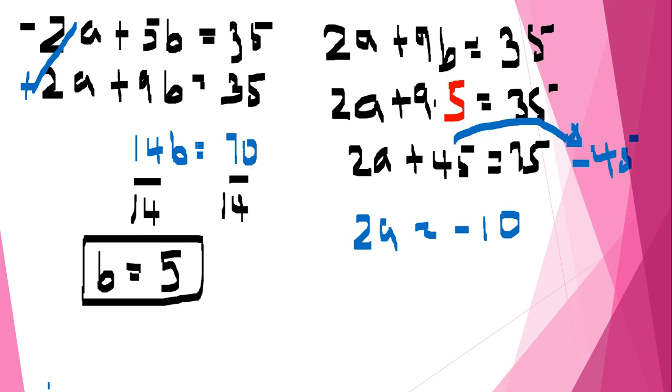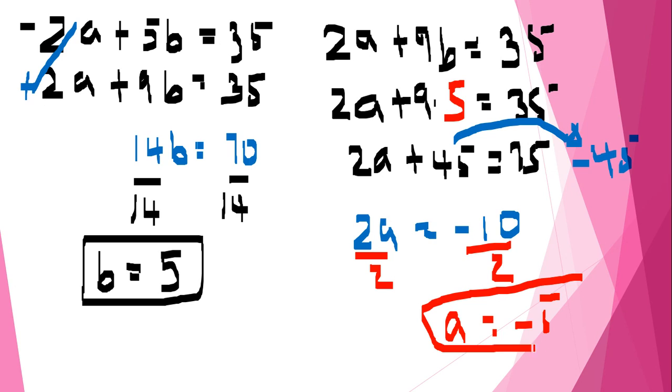If I divide 2a by 2 and negative 10 by 2, I'll find that my answer is negative 5. All right, so my first unknown, b equals 5, and my second unknown, a equals negative 5.